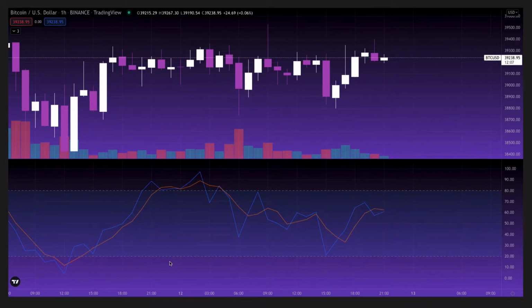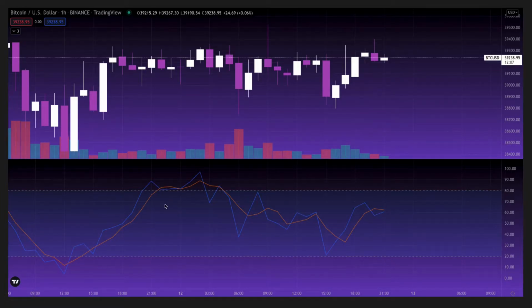Now, most people generally understand that when the stochastic goes below 20, as you can see, we have a range between 0 to 100, and then we have a channel here between 20 and 80. So anytime we dip below 20 and our fast stochastic crosses the slow stochastic, that's a good area to go long.